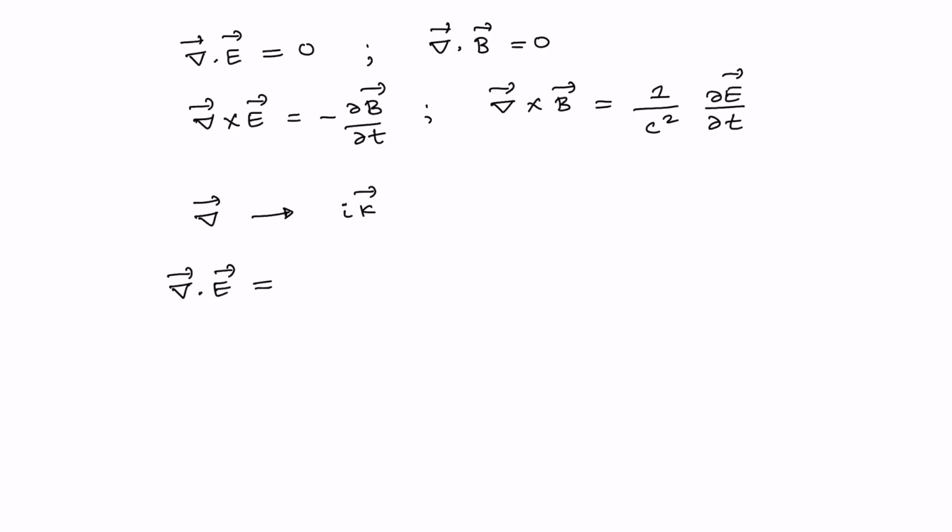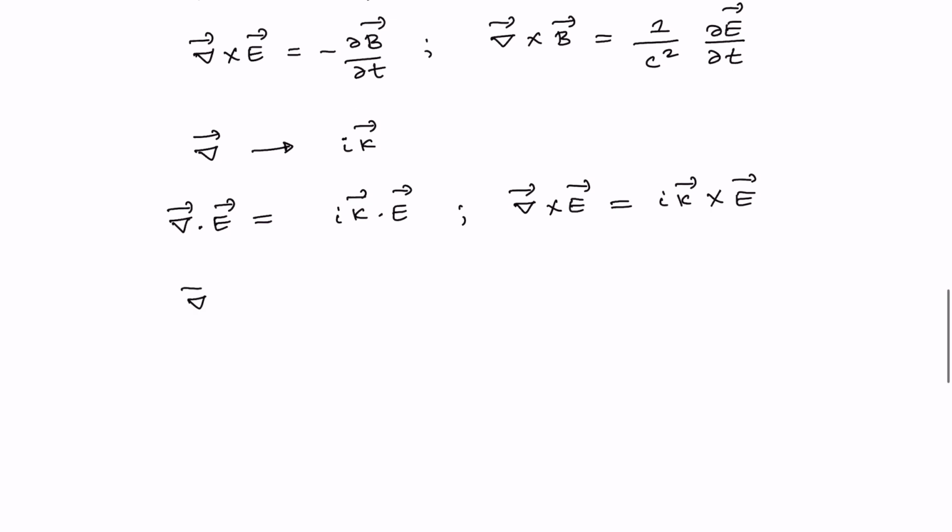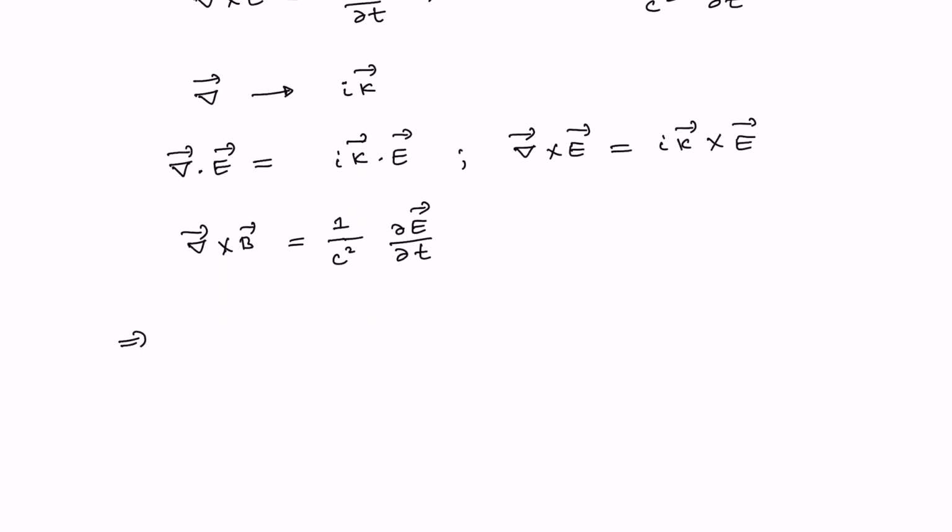Then divergence of E, we can write as ik dot E, curl of E we can write as ik cross E, and the equation curl of B is equal to 1 by c squared del E del t, we can write as ik cross B is equal to 1 by c squared del E del t.